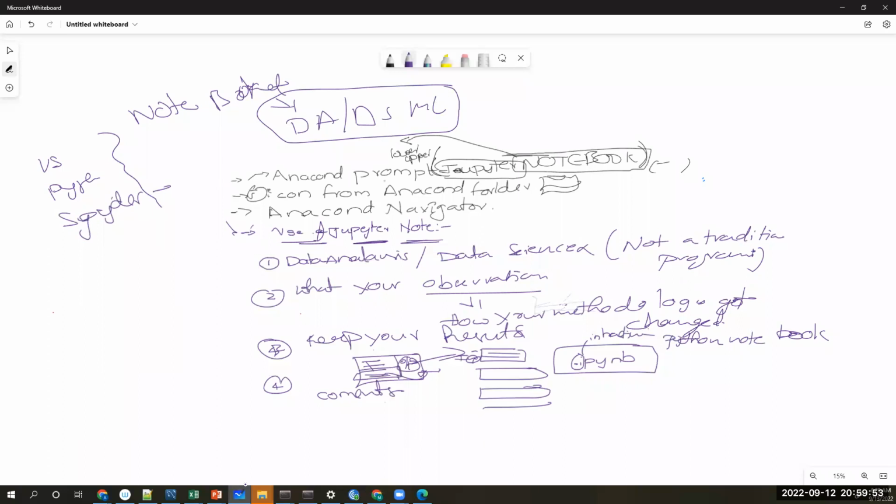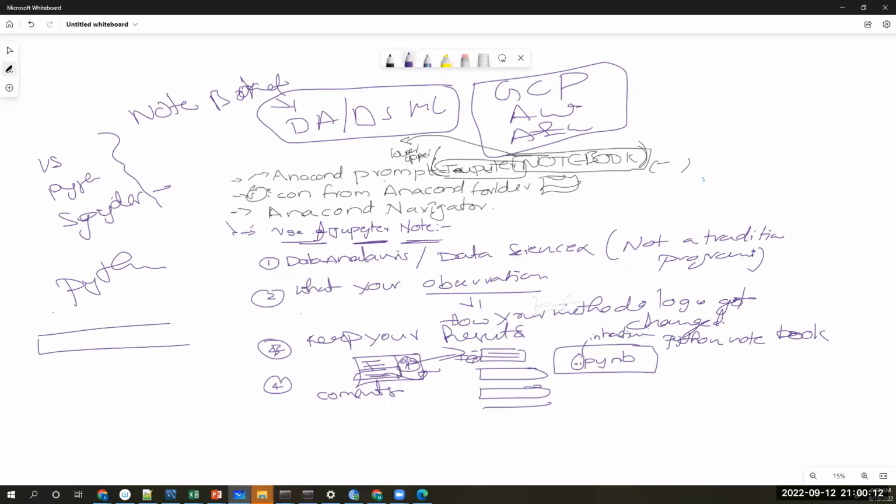And if you consider GCP or AWS or Azure, whatever cloud you take, or PySpark in big data, each and everything is completely operated in the form of notebooks.